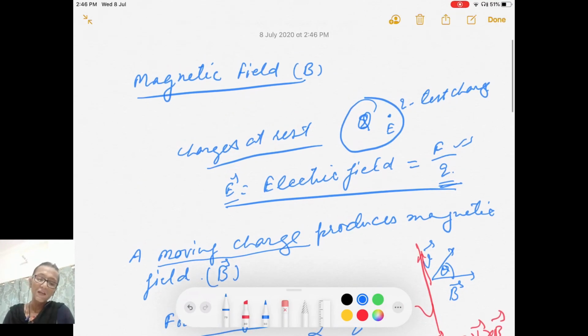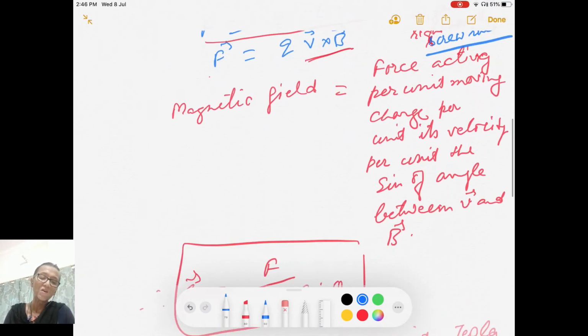Okay. So actually I was interested in the definition of magnetic field only.